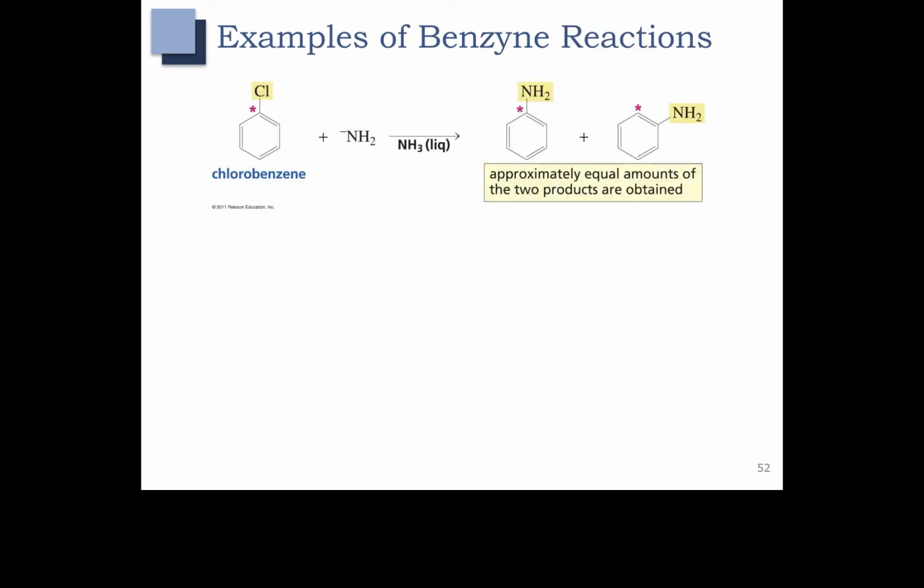Let's look at some more examples with benzyne reactions. In this particular reaction, we're labeling this carbon here. And our strong base is going to form a benzyne, and you have two possible products. So it is going to pull off the hydrogen, I'll draw on the hydrogen here, next to our leaving group.